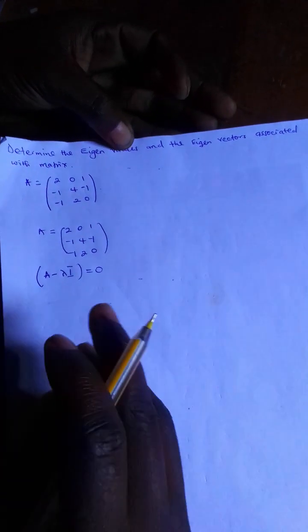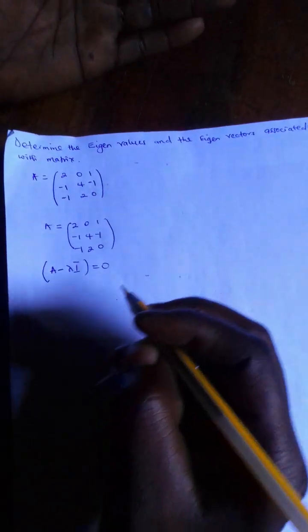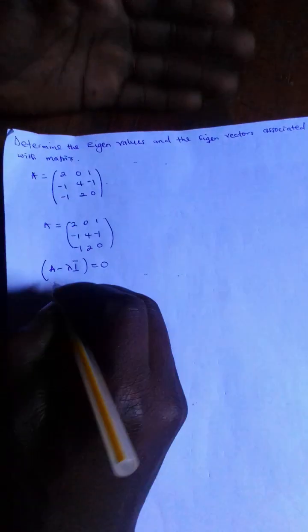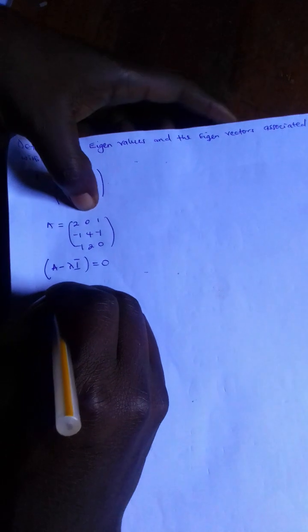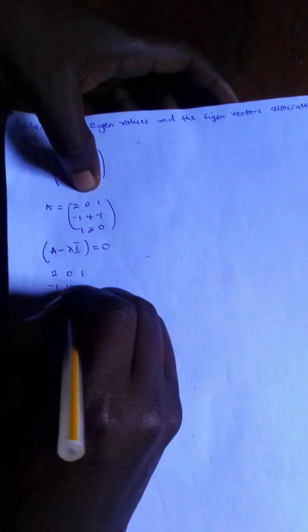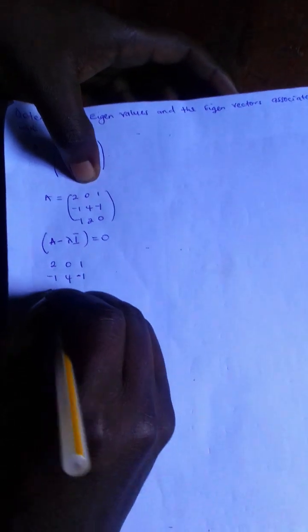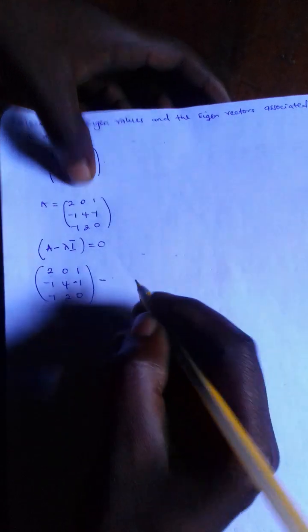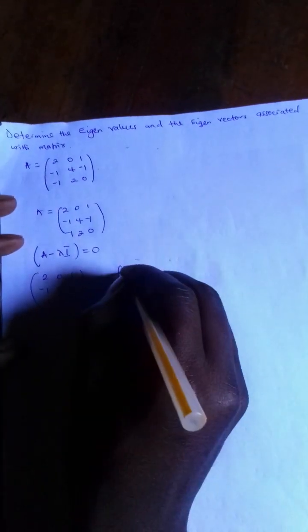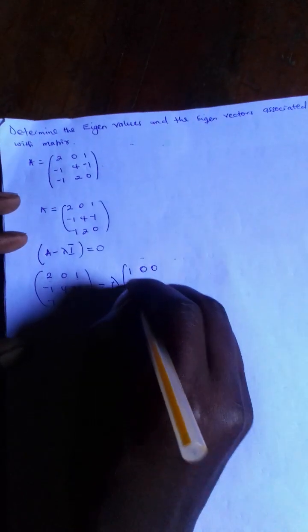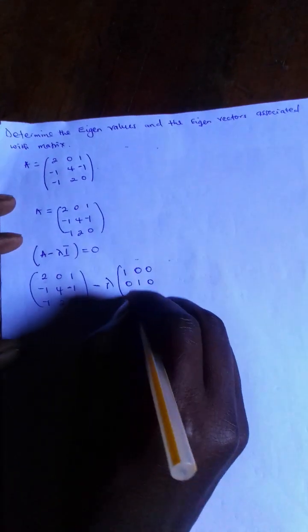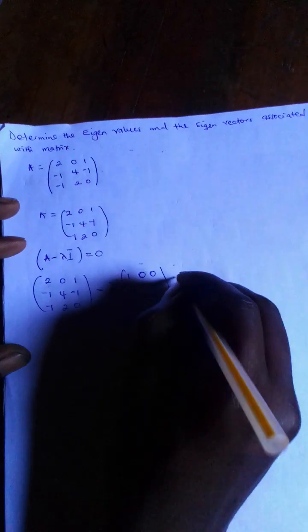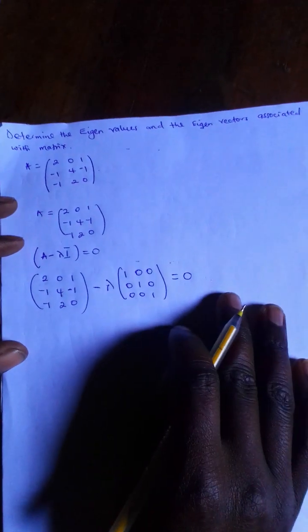So A minus lambda identity will be A, whereby our A is [2, 0, 1; -1, 4, -1; -1, 2, 0], then we subtract lambda identity, whereby lambda identity will be lambda into [1, 0, 0; 0, 1, 0; 0, 0, 1], which is equaling to 0.